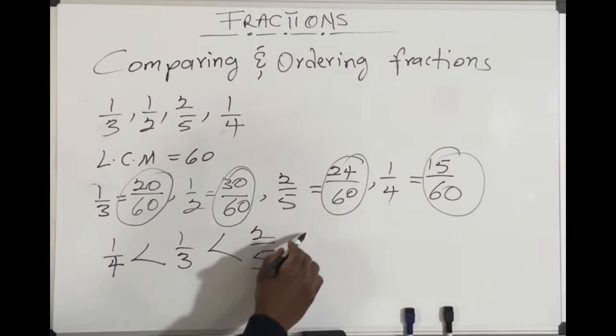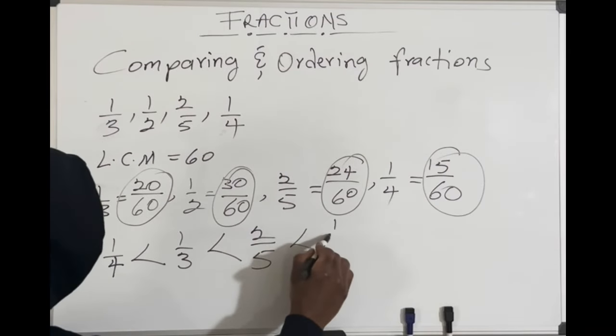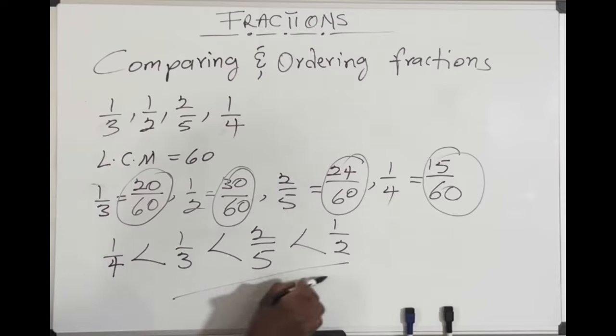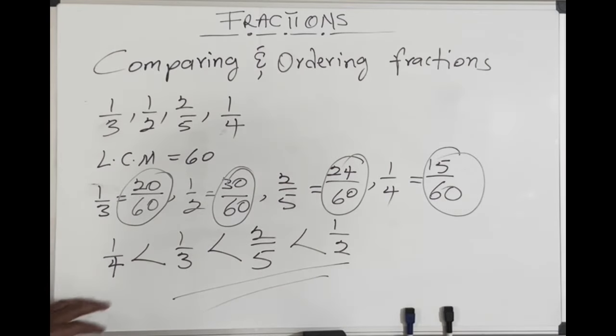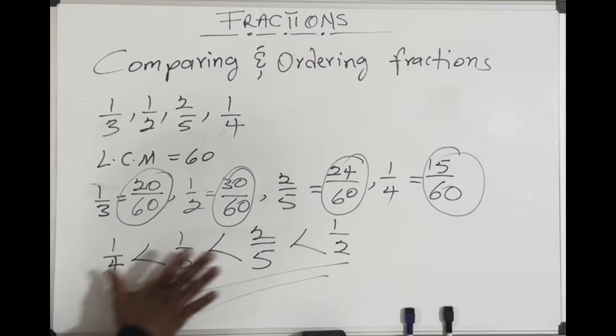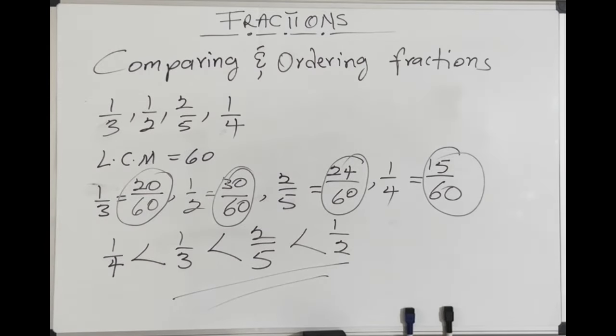And then the last one is less than what? 1 over 2. So there's our final answer. And then when you compare this to the first method that I went through, you get to know that we have the same answer. So whatever works best for you, you choose it. Okay.